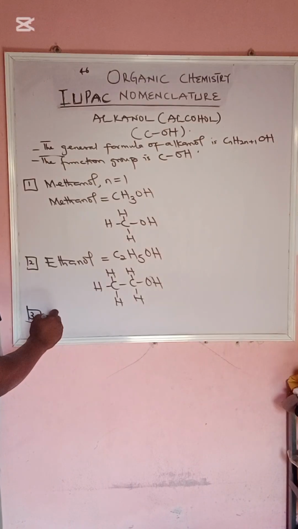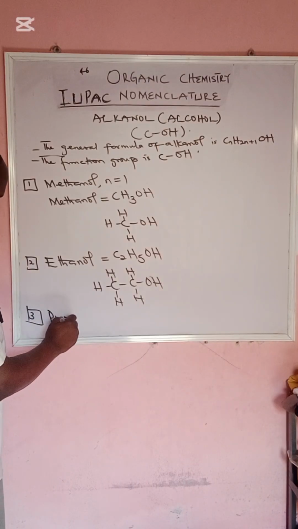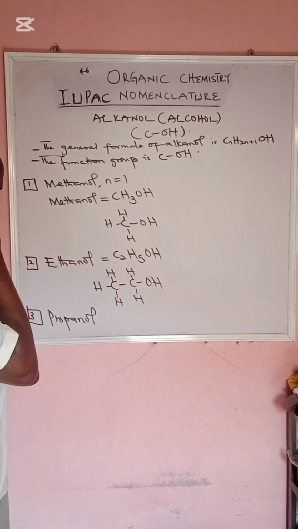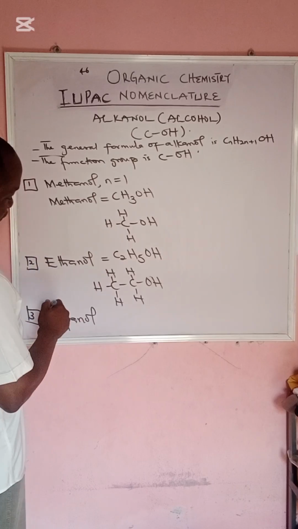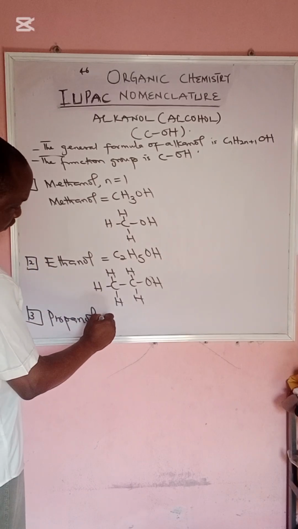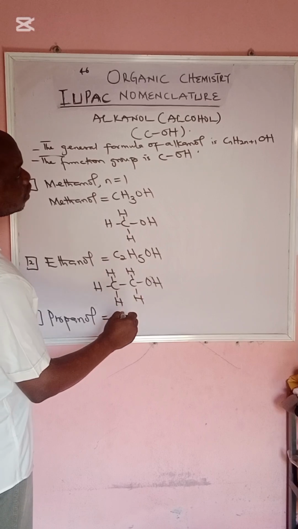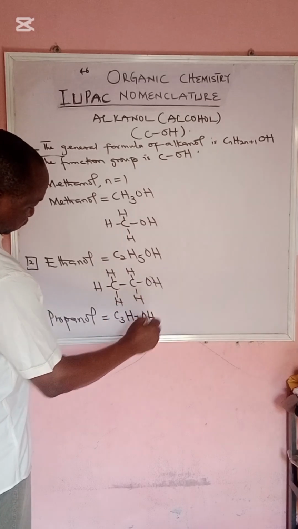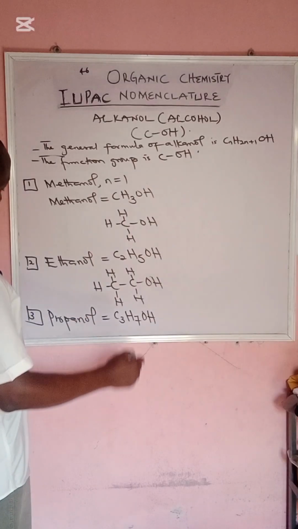3. We have propanol, or propan-1-ol. This one is C3H7OH, when n is equal to 3.